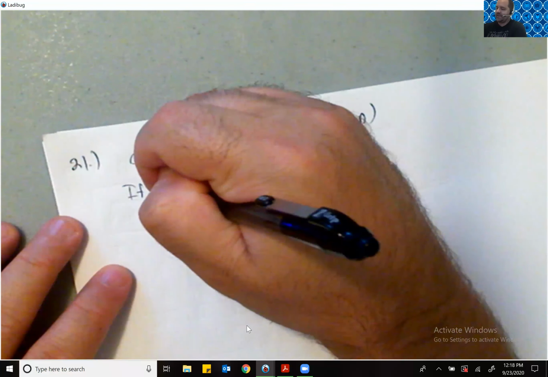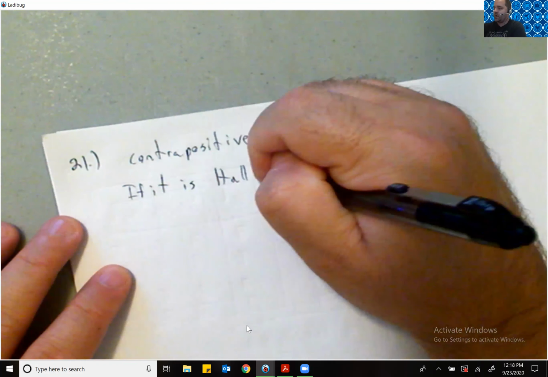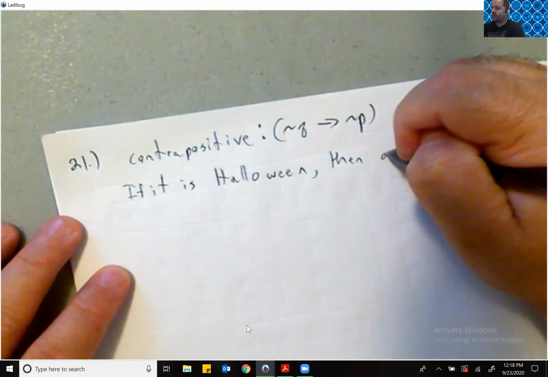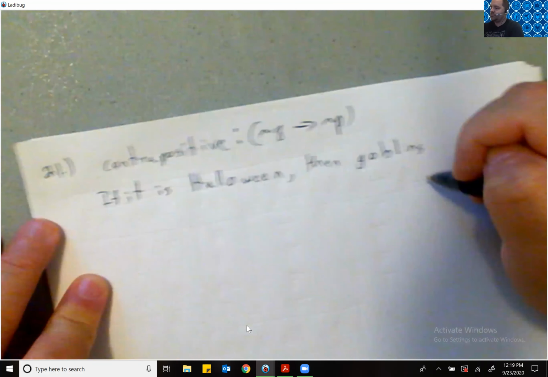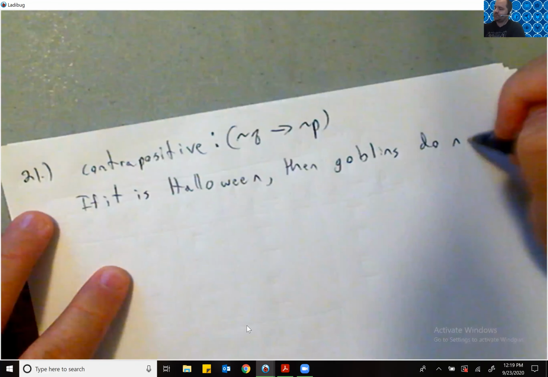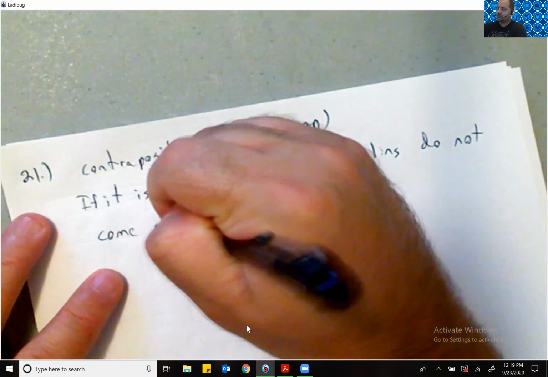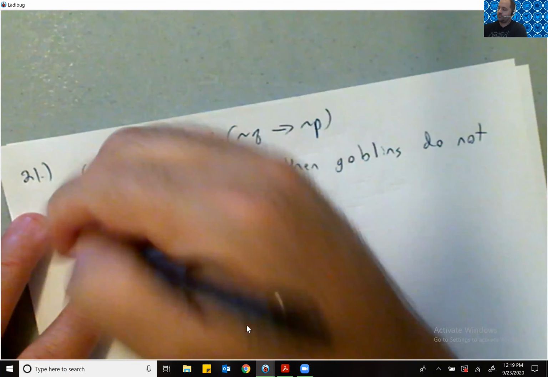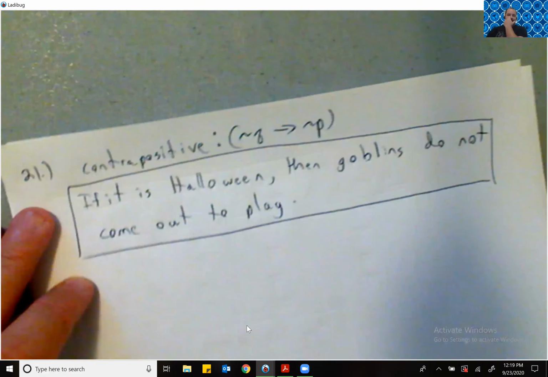If it is Halloween, then goblins do not or don't come out to play. There you go. So those are the statements that they're looking for.